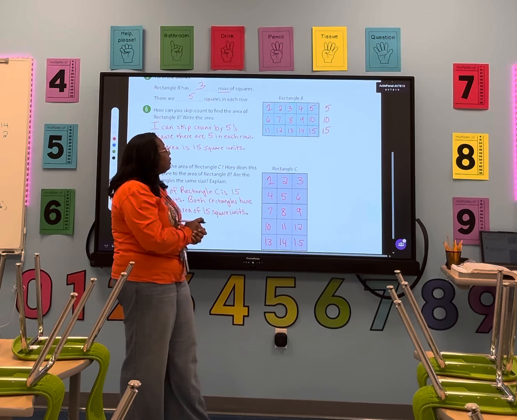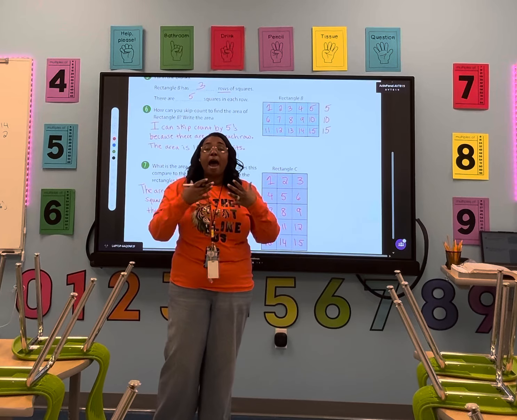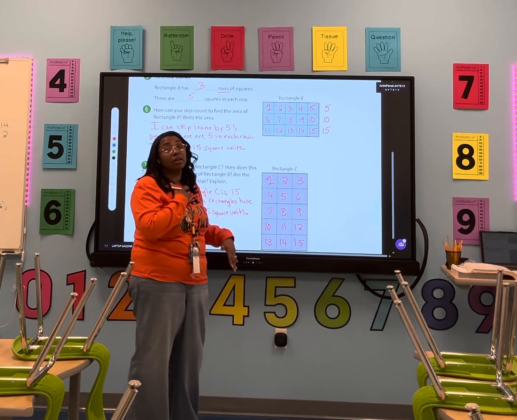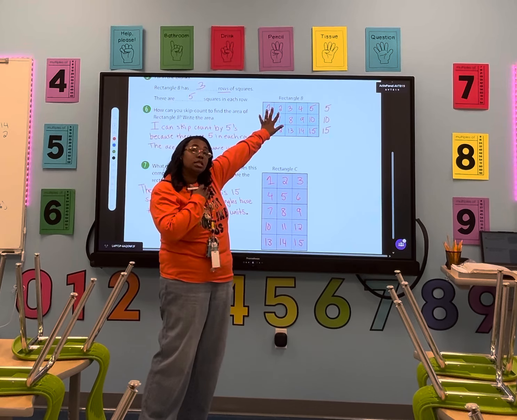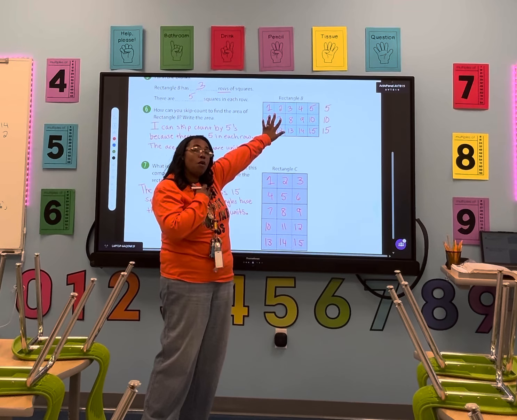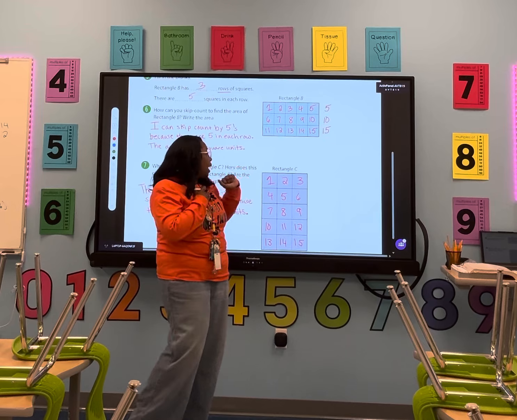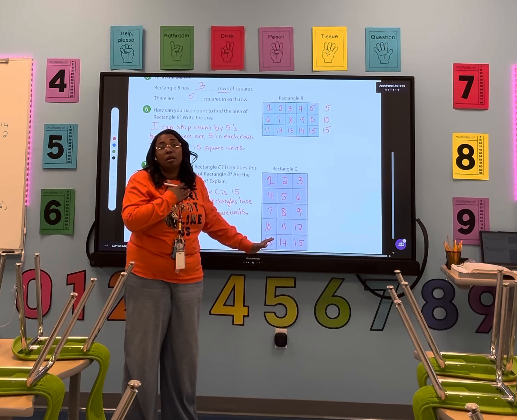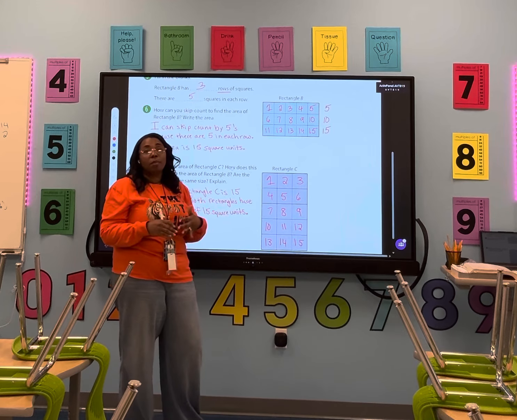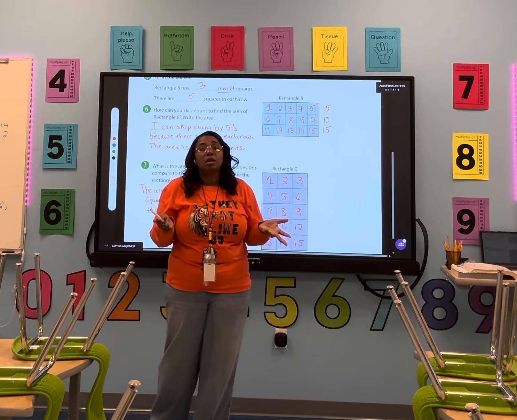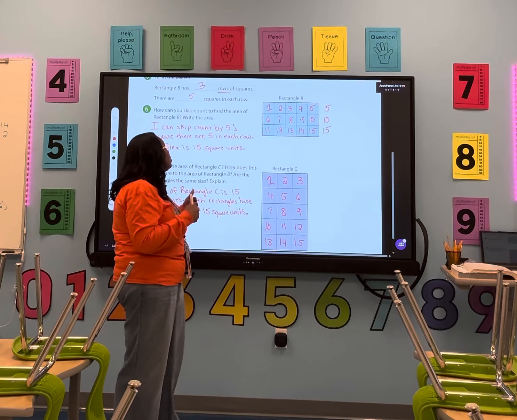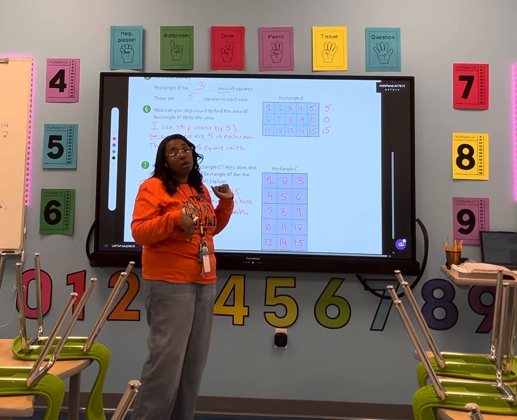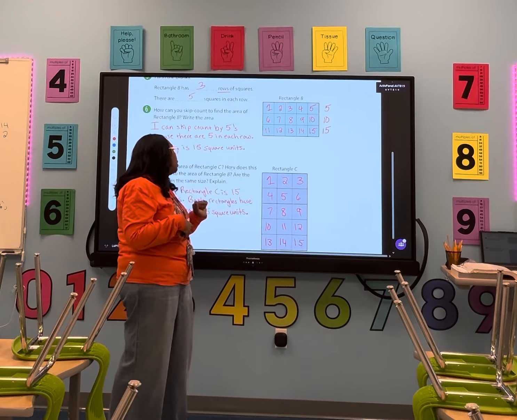But the main thing Ms. Newman sees, I believe, just looking at my squares, is that they may have used centimeter squares for rectangle B, and they may have used inch squares for rectangle C. That's just my opinion. Everybody will have a different opinion. So basically, I would just say the squares in rectangle B are smaller than the squares in rectangle C.